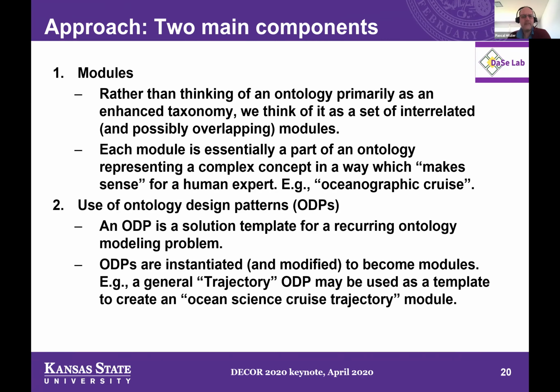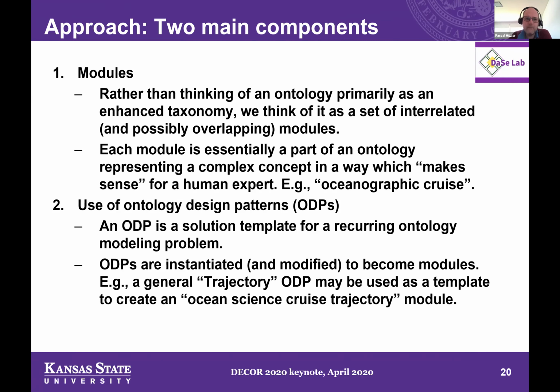One of the key things we're doing here, and this is a departure from traditional ontology modeling, is that we think of modules within an ontology. Rather than thinking of an ontology primarily as an enhanced taxonomy with additional links, which is the traditional way of looking at ontologies, we think of an ontology as a set of interrelated and possibly overlapping modules.